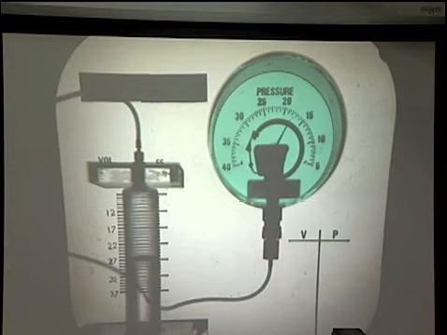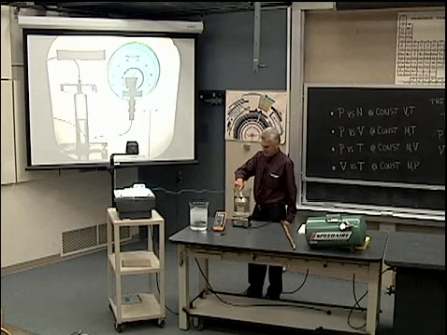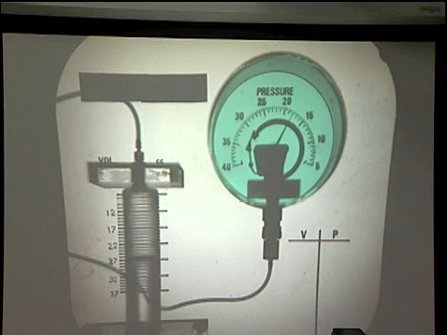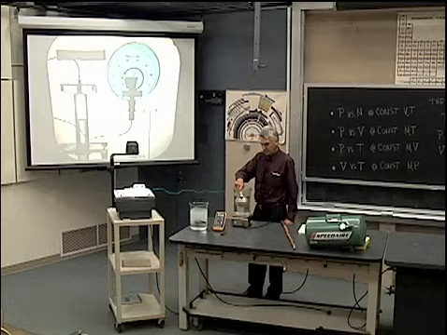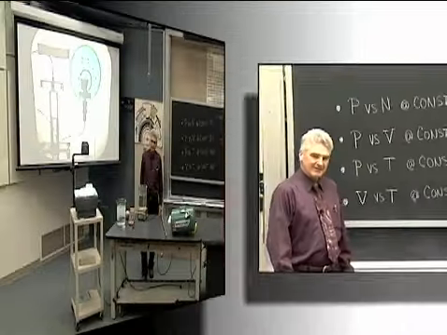Now you can see that the pressure has increased as the temperature has increased, indicating that there's a relationship between temperature and pressure for an ideal gas. When the volume is constant, when the number of molecules is constant, as we increase the temperature, we also increase the pressure.